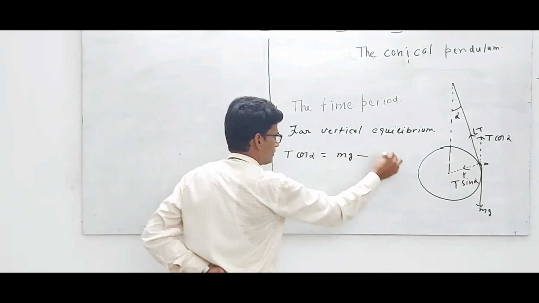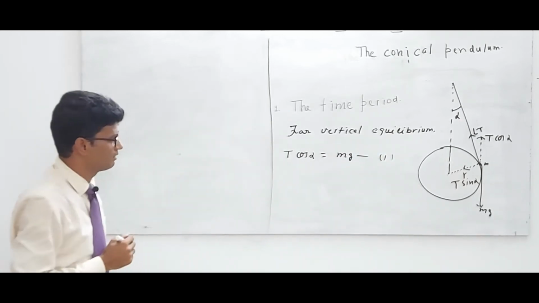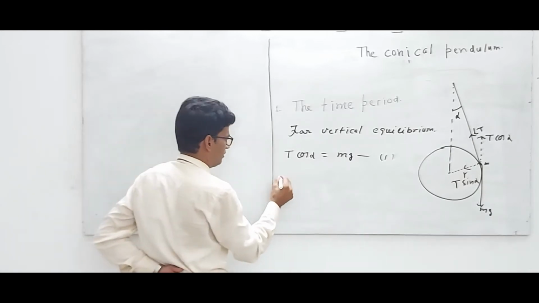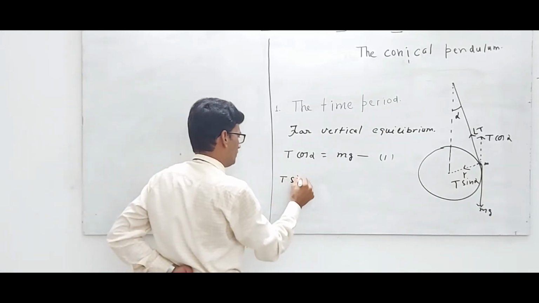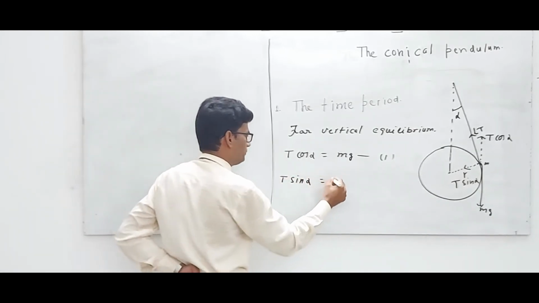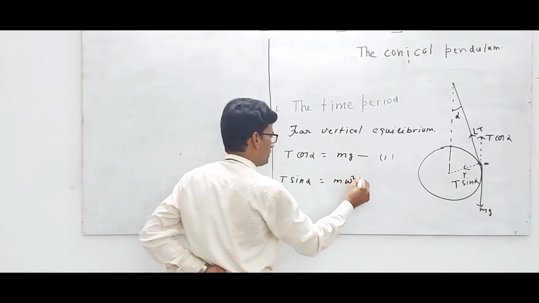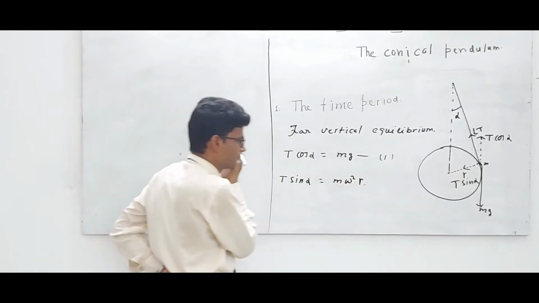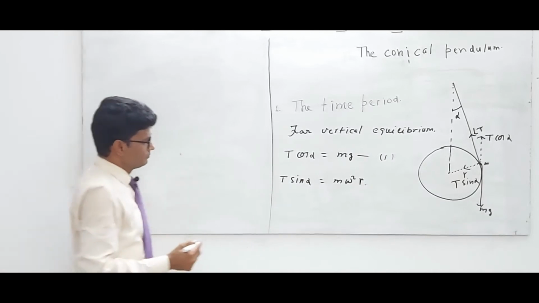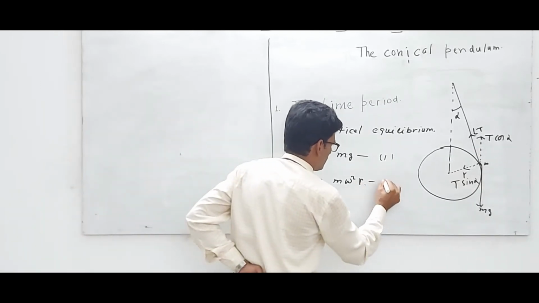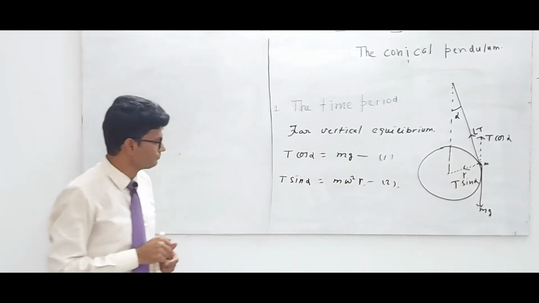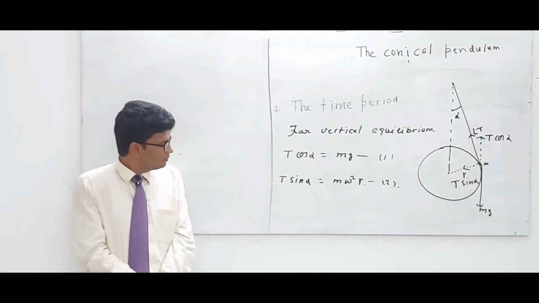Take it as equation number 1. And the second one, T sin alpha is equal to m omega square small r. This is taken as equation number 2.